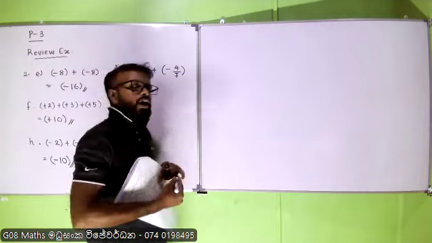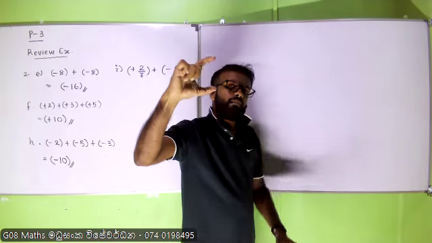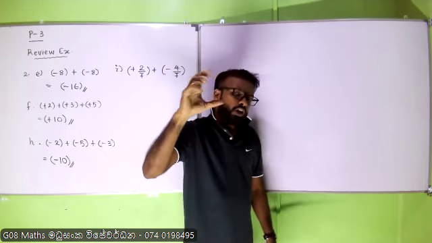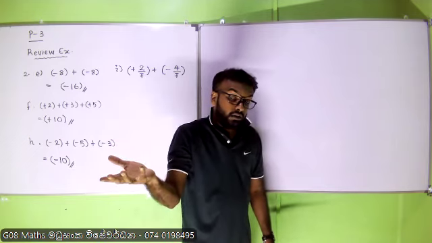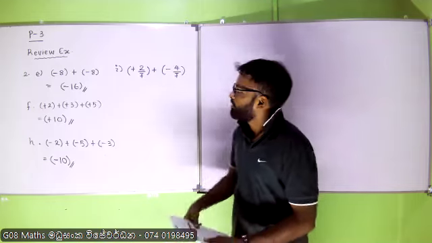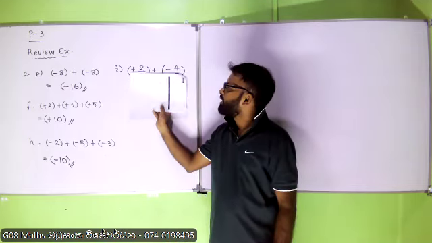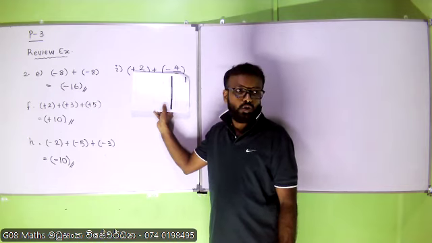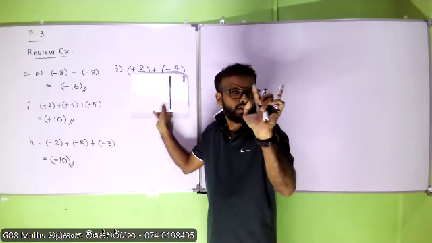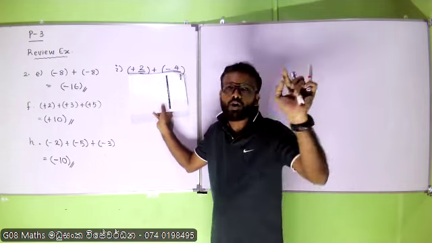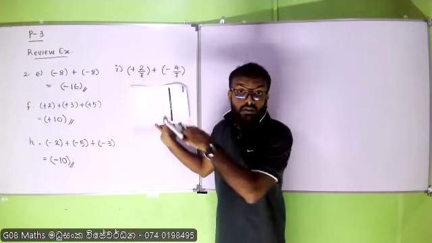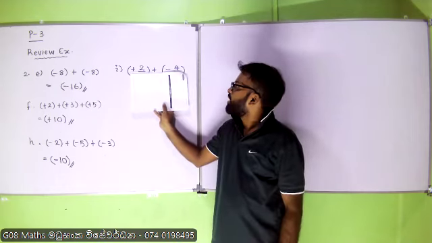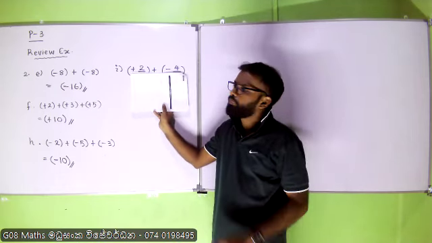Now if you have two fractions with the same denominator, do you need to care about the denominator? No. You can just forget the denominator for a moment, because those denominators are same. 7, 7.